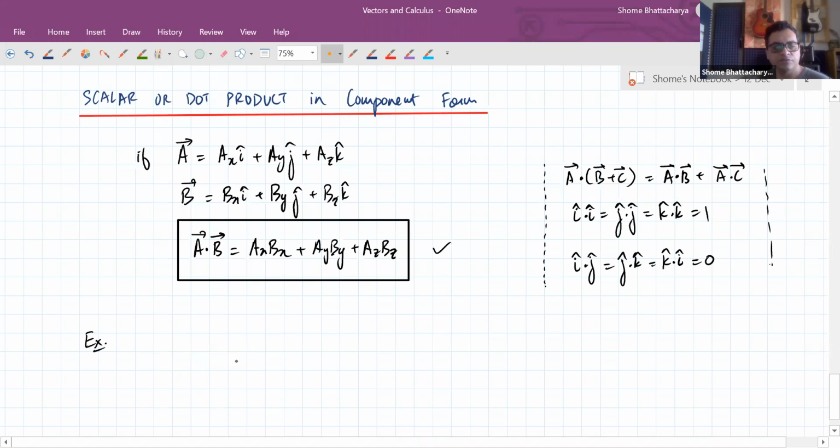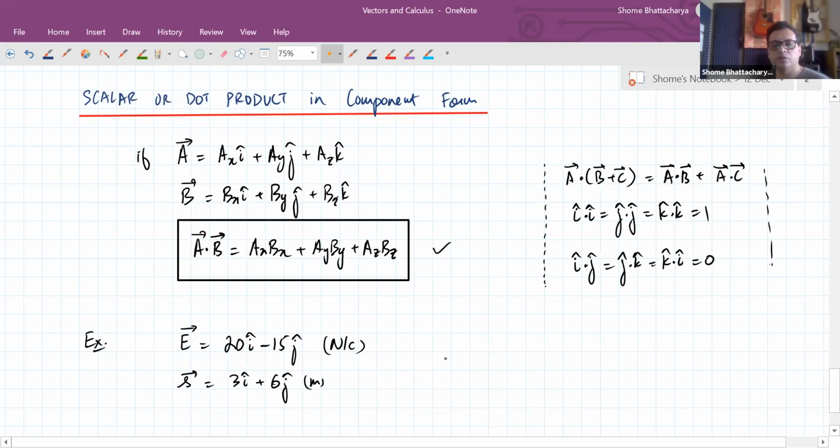So suppose we have a vector which, let's say, represents electric field given by 20 I cap minus 15 J cap. The unit of electric field you will learn at a later stage is newtons per coulomb. And a particle makes a displacement of, let's say, 3 I cap plus 6 J cap in meters.